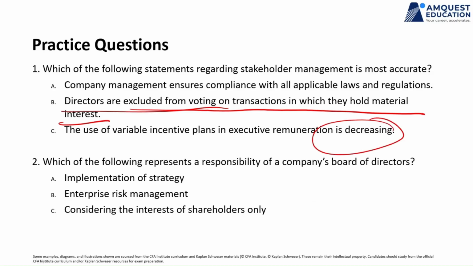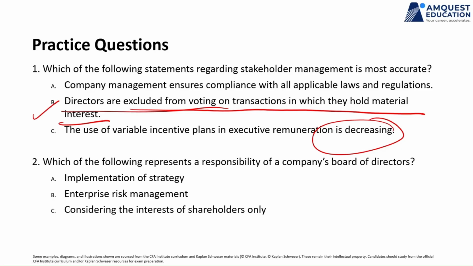Option C is not something we can tell; there's no way to tell whether this is decreasing or increasing, right? So in general, from a company stakeholder management perspective, that is why I'm not selecting option A. I'm selecting option B because the question is about stakeholder management. So the right answer should be B.